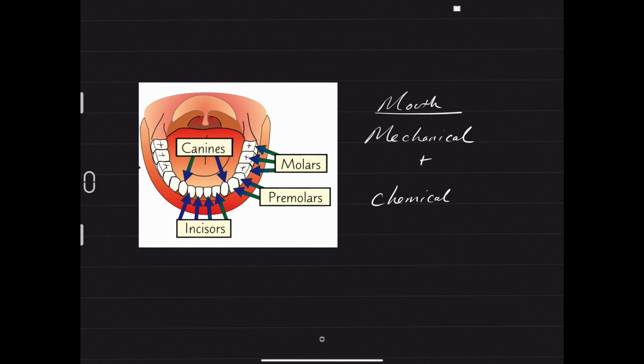Both are occurring in the mouth, and the tongue is also needed for digestion in the mouth because it mixes the food around and works in conjunction with the teeth and the salivary glands to make sure that the process of digestion starts.